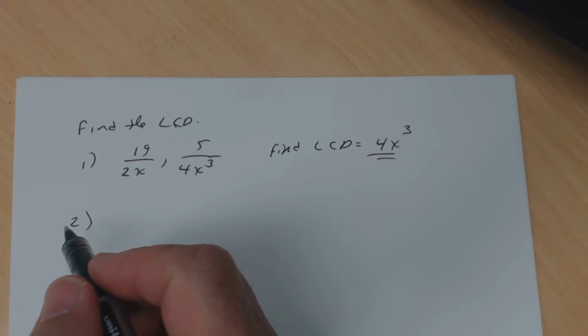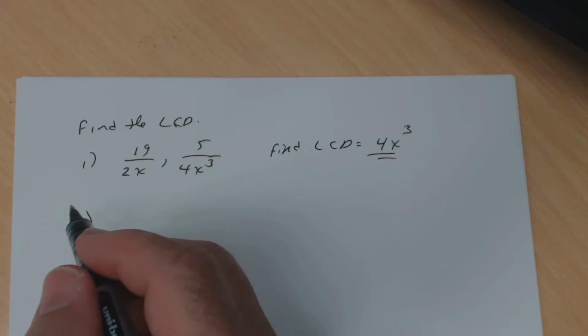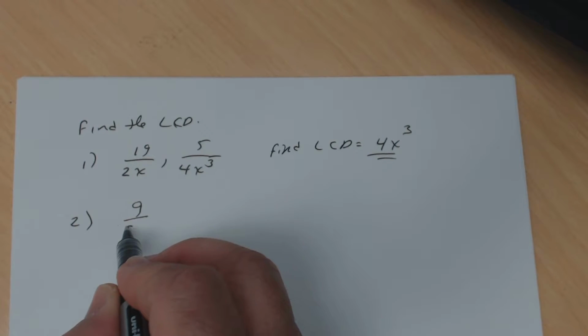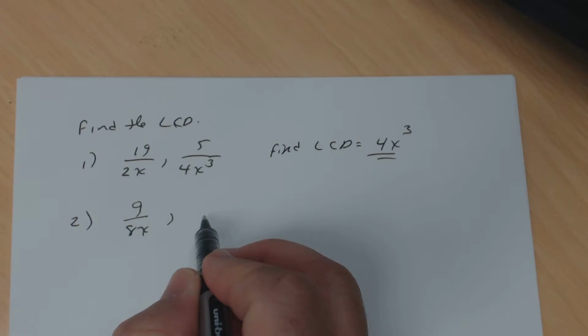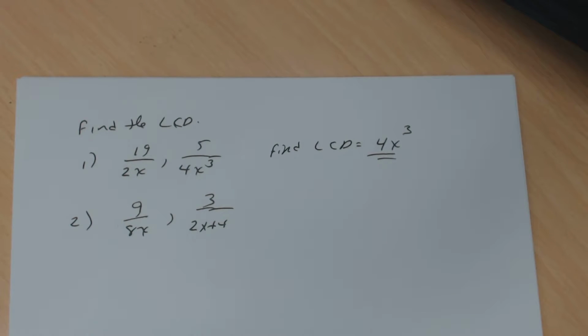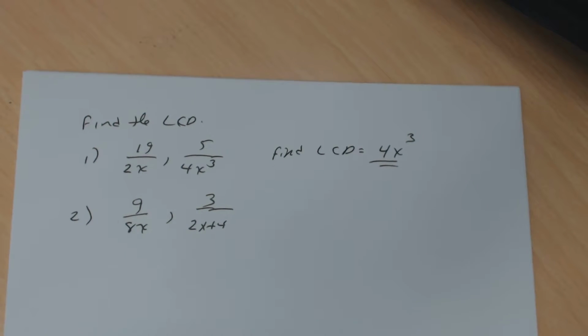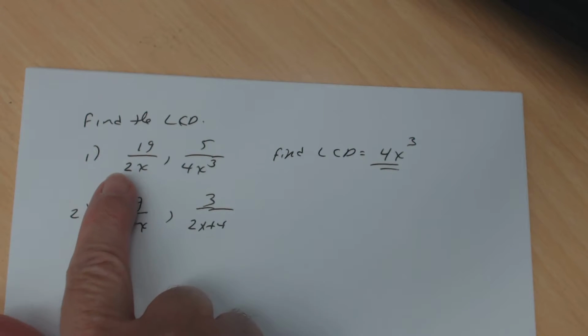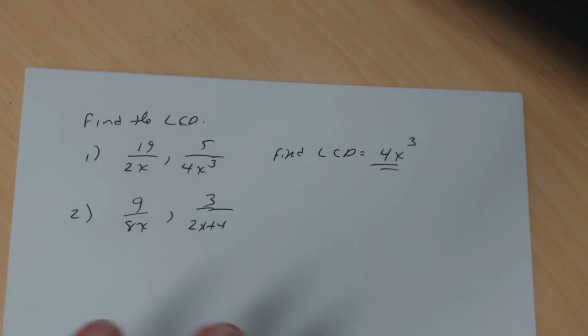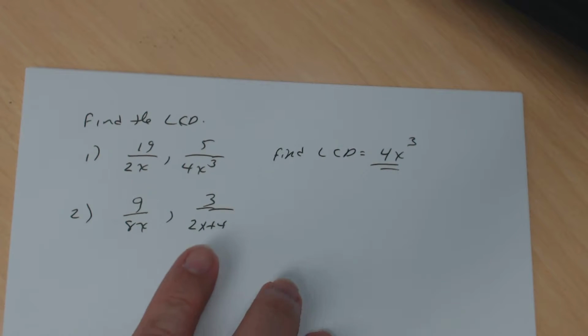Suppose you had 9 divided by 8x, comma, and then 3 divided by 2x plus 4. Listen carefully. When we did number 1, those were monomials, and we talked about monomials in previous lessons.